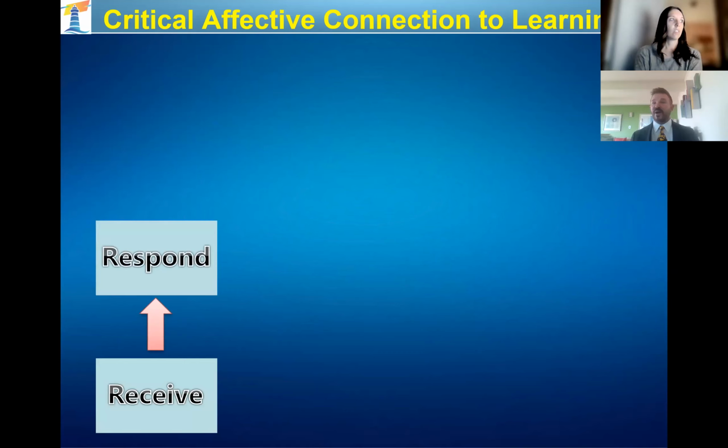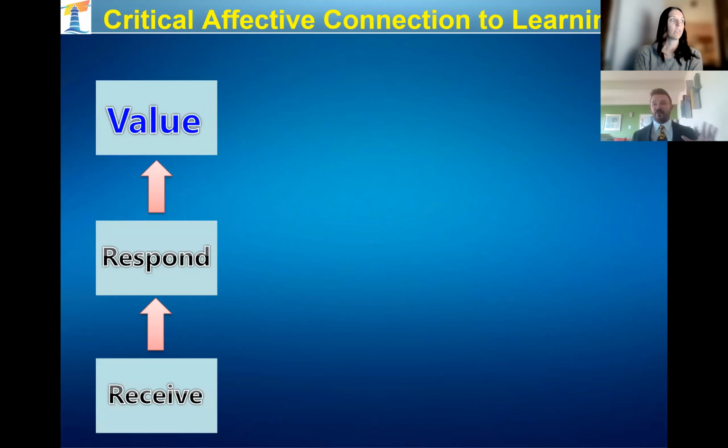In other words, use the 5 senses, and they can actually receive that information. But stage 2 is then to respond to that information, or level 2, responding to that, giving some kind of response. I like this, I don't like this, but getting to that level of value is what's critical.